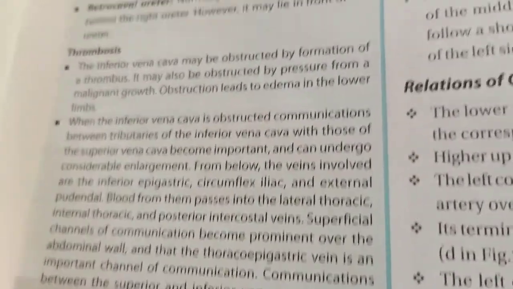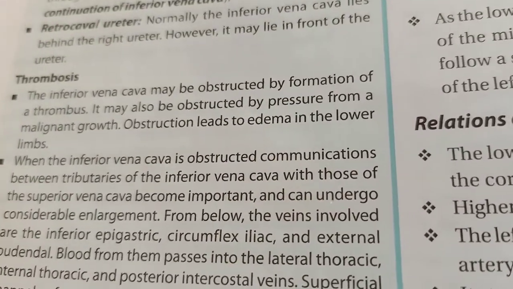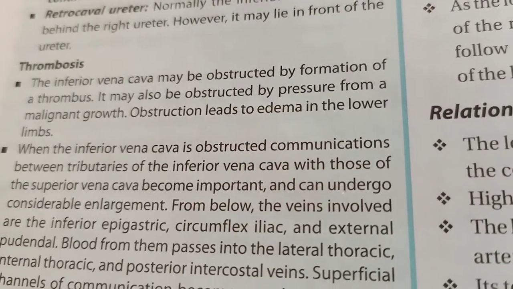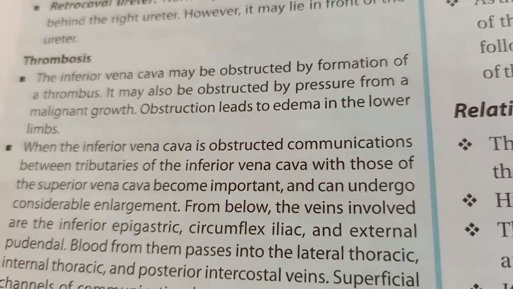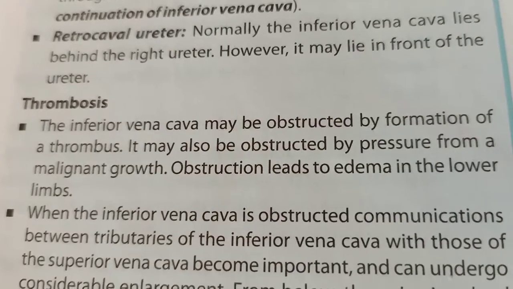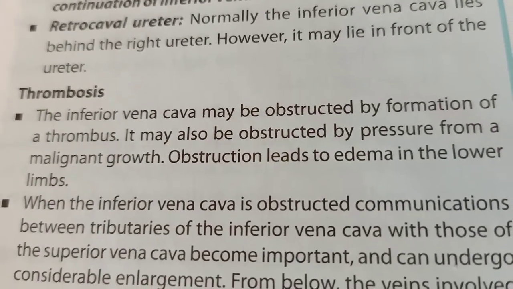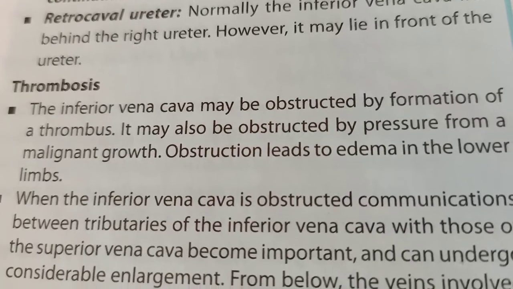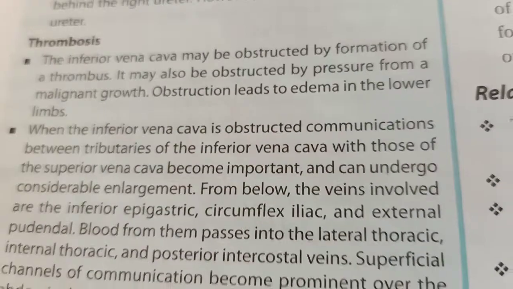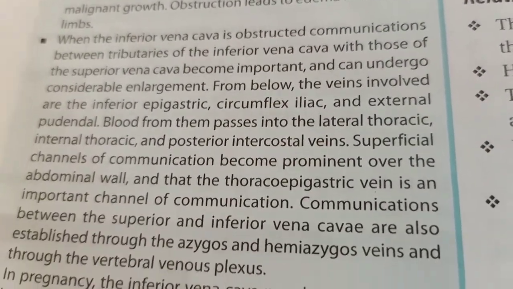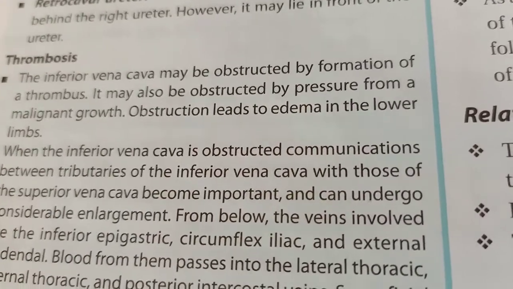Next is thrombosis. You all know what thrombosis is. Thrombosis means there is obstruction of the IVC by formation of a thrombus. This obstruction of the inferior vena cava may also be because of pressure by a malignant growth. So this malignancy can lead to pressure on the IVC.